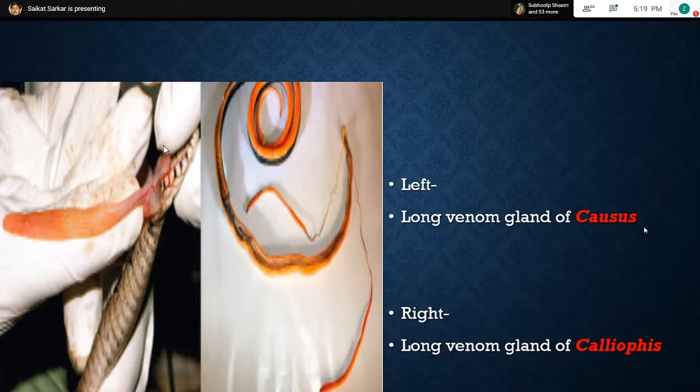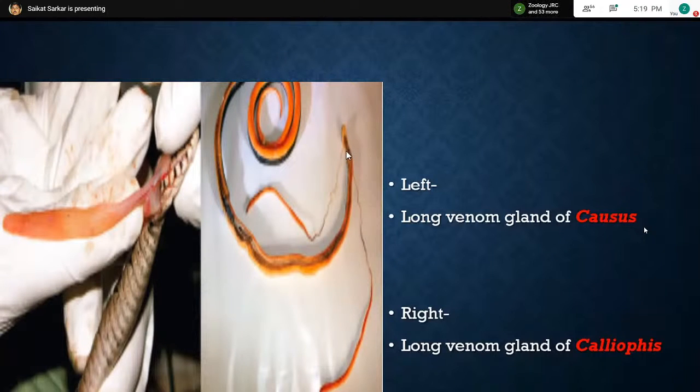Now, not all species, but some species of Causus have these long glands, and they can synthesize and store a huge amount of venom in there. This is another group having very long glands, maybe the longest of all the snakes.